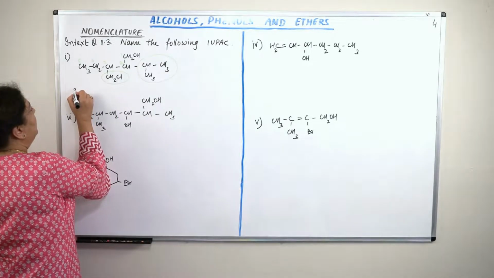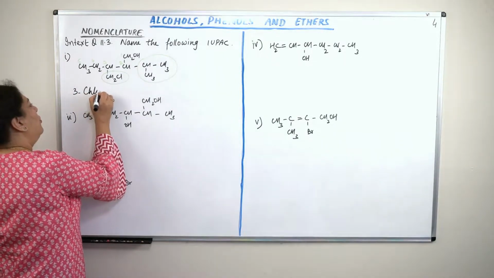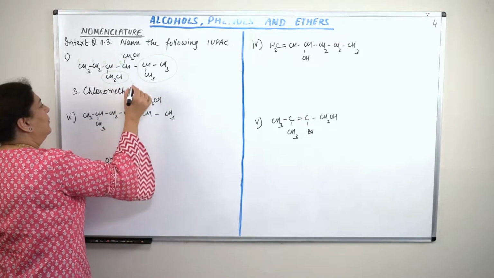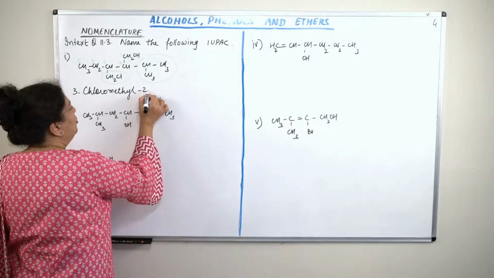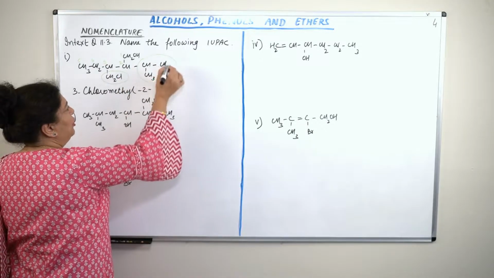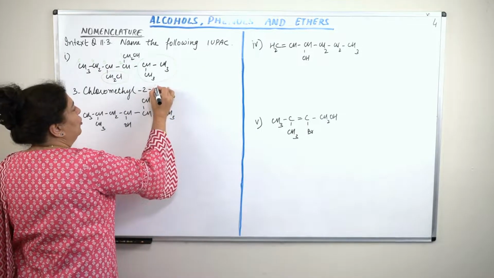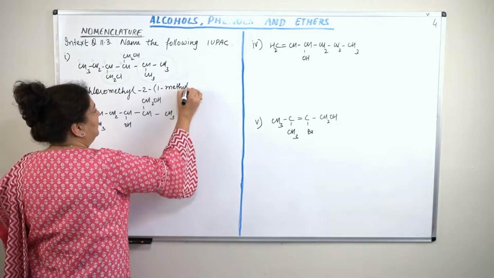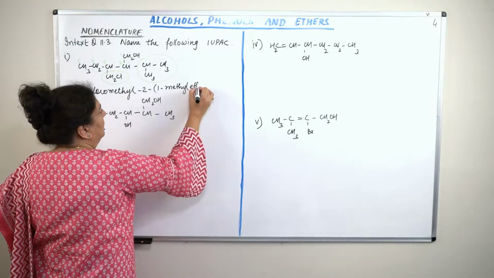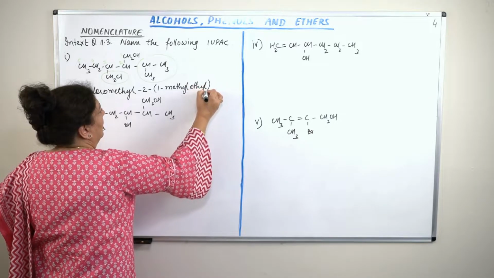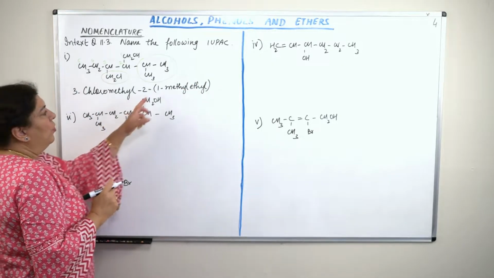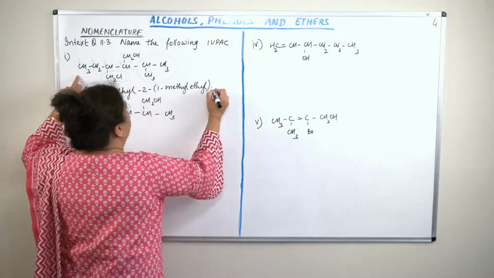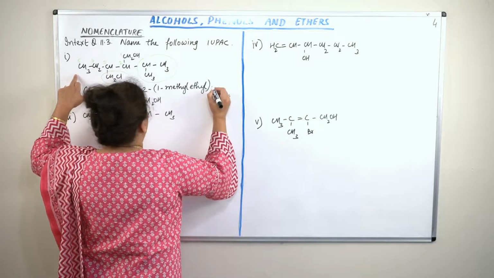So we say 3-chloromethyl, hyphen 2, hyphen. On the second carbon, what do you have? You could put it in a bracket, 1-methylethyl, right? On the first carbon there's a methyl and it's an ethyl group, and the parent chain is pentane, 1, 2, 3, 4, 5.